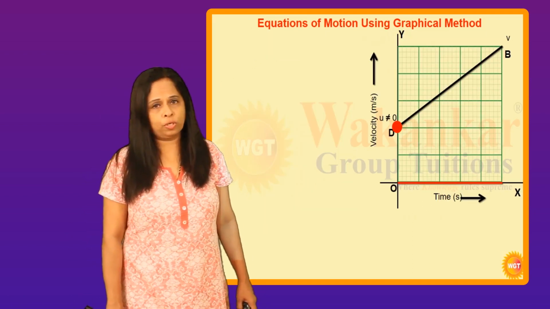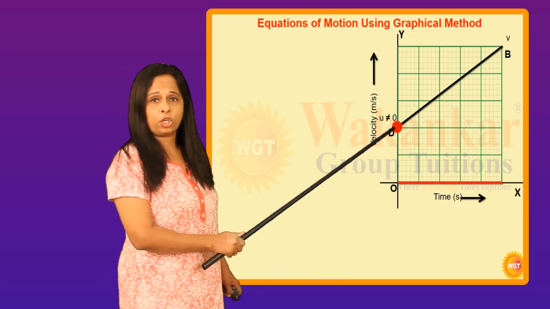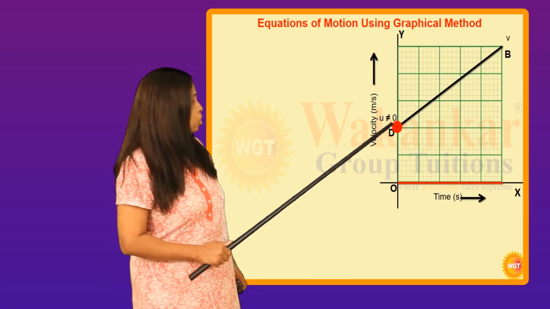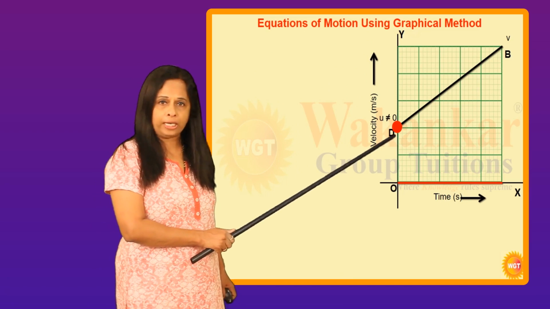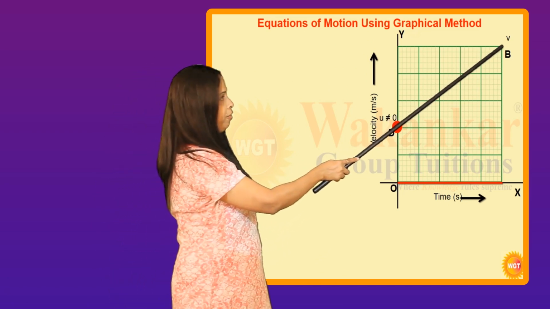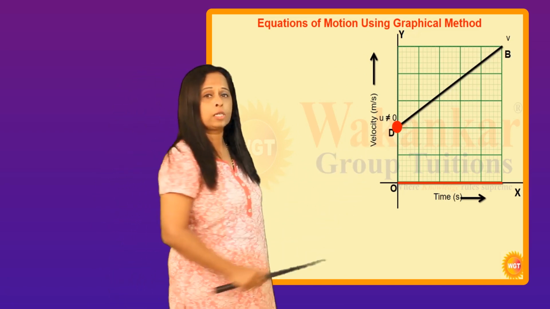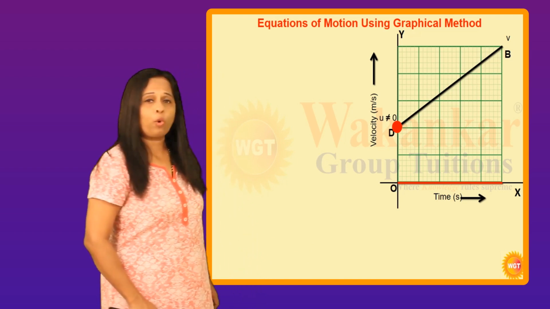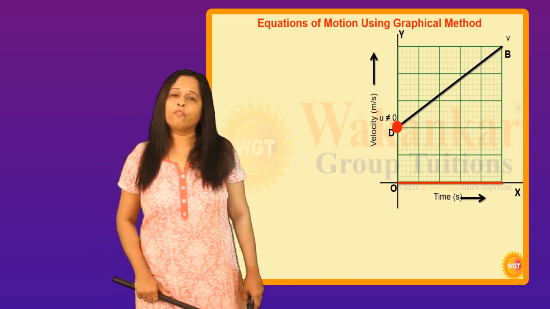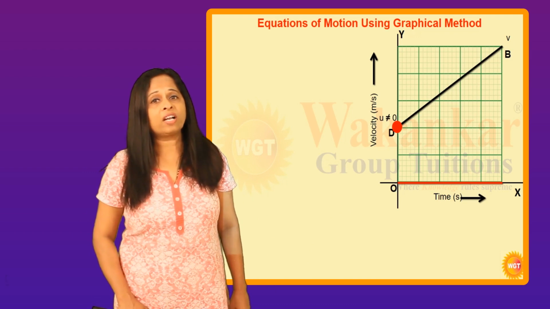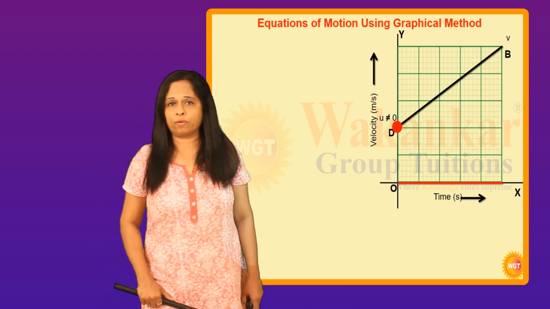Students, now we have understood that the initial velocity of the object is u, which is non-zero, plotted at point D, and the final velocity v is plotted at point B. Now to prove equations of motion, we need to do some construction on the graph.